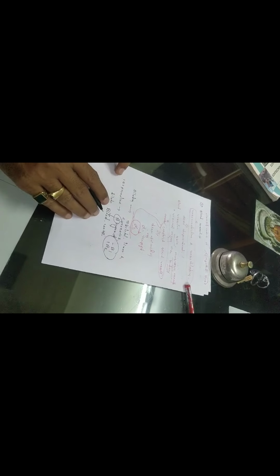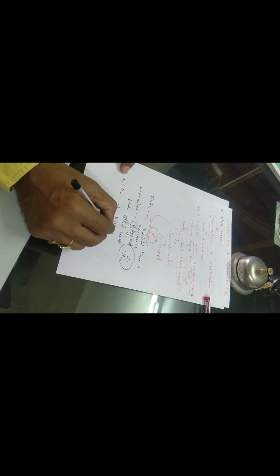Both alpha 1 and beta 2 receptors are present in the blood vessels of skeletal muscle.